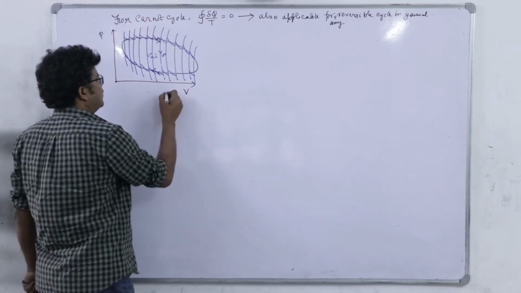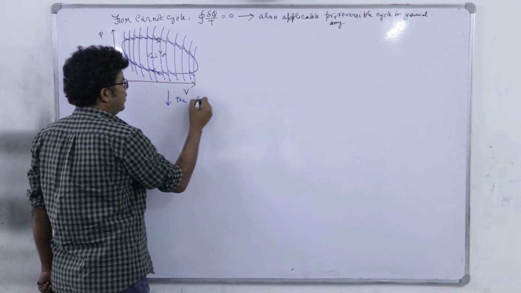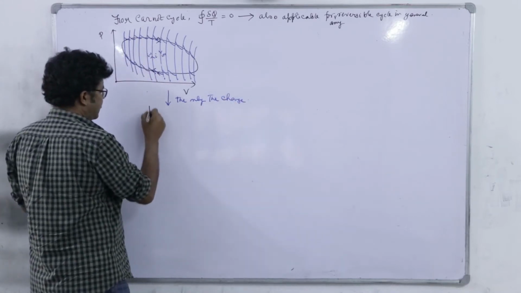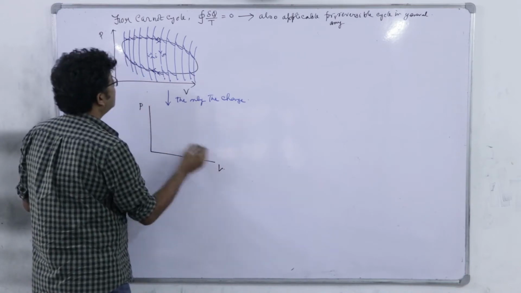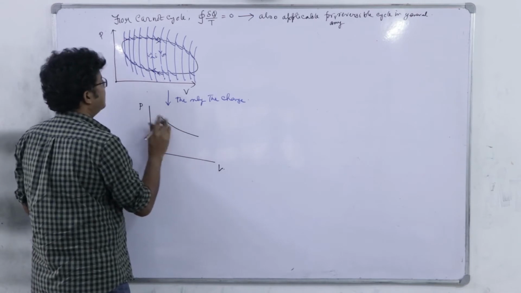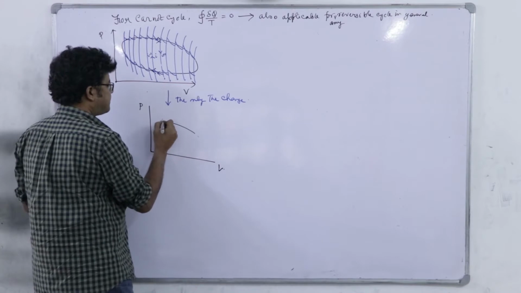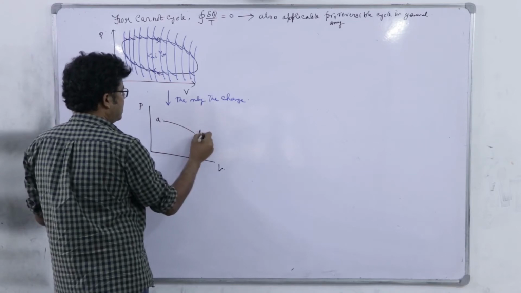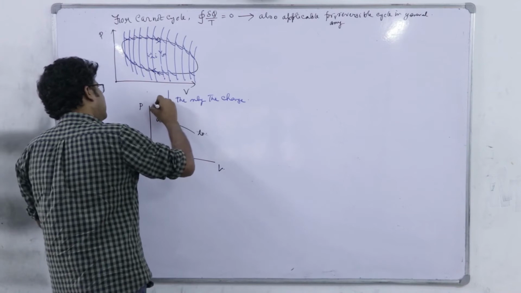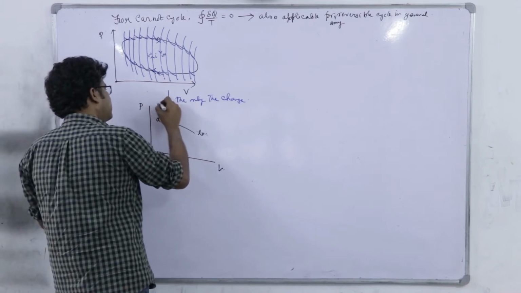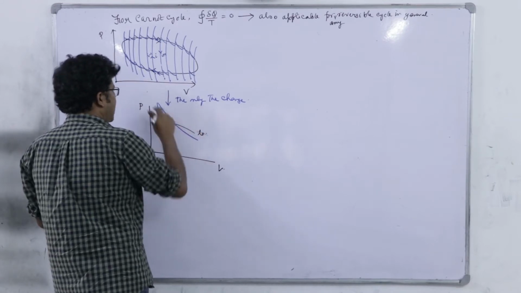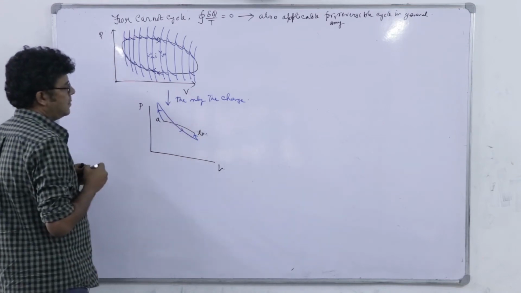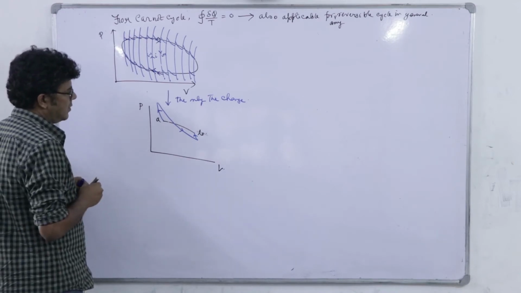the effect is we are replacing, the only change we are making is to replace this pathway from 1 to 2, or rather from A to B, by first an isothermal compression, then adiabatic compression, isothermal expansion, and again this adiabatic compression.